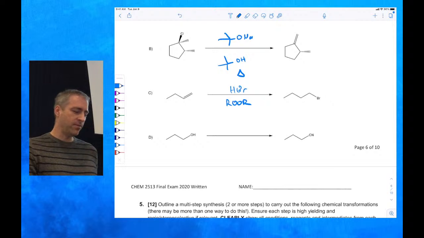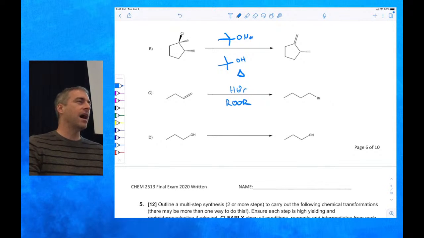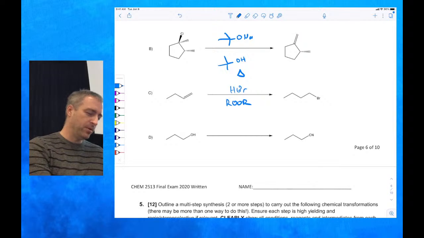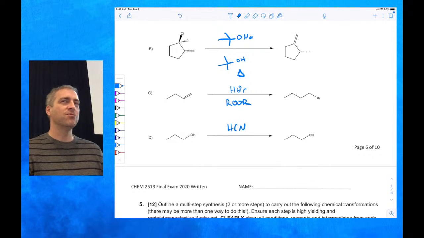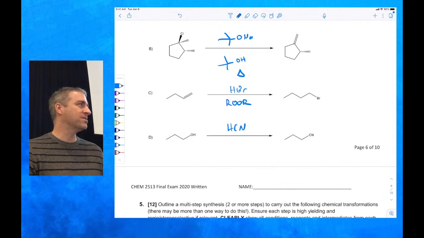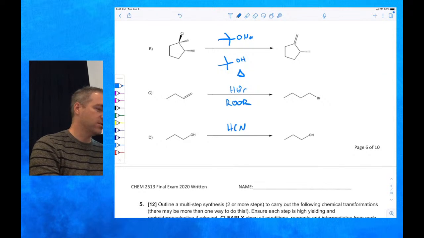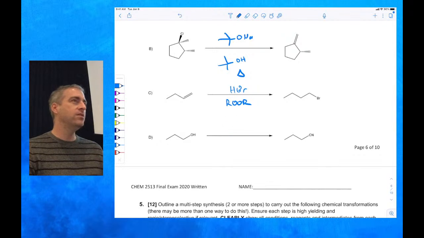Lastly, we have the alcohol OH, and we want to replace it with cyanide. So many people just put HCN, and I just get visions of poor Gilbert Lewis choking to death in his lab after inhaling HCN. HCN is not a strong acid either, so it's not something you would use in this particular case. This one turns out you need 2 steps.